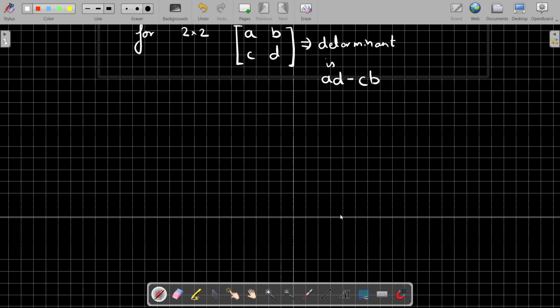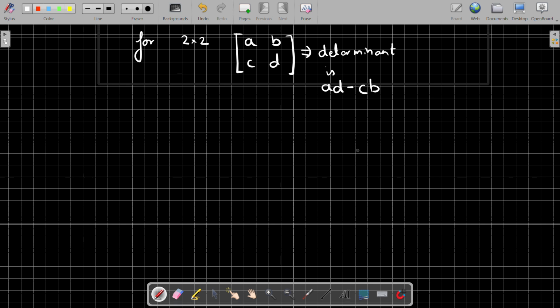Now let's move on to the minor of an element. Again, all these only apply to square matrices in our case.